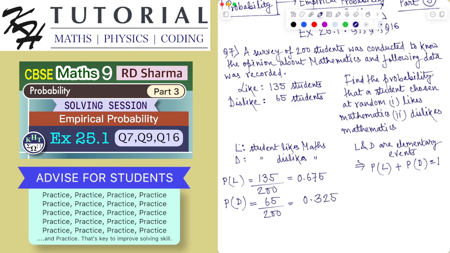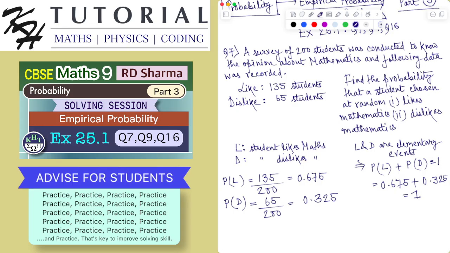Now clearly if you add them up, 0.675 plus 0.325 is equal to 1. So these two events L and D are elementary events, and these are all the possible outcomes of the experiment. What is the experiment? A student is randomly selected and asked whether the student likes or dislikes mathematics.